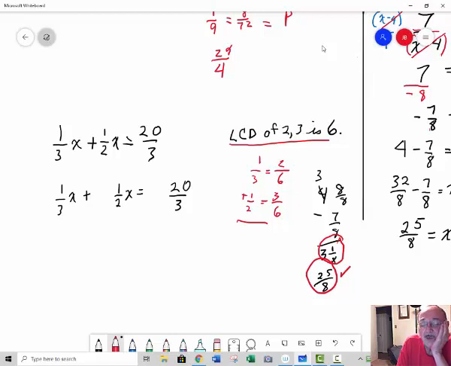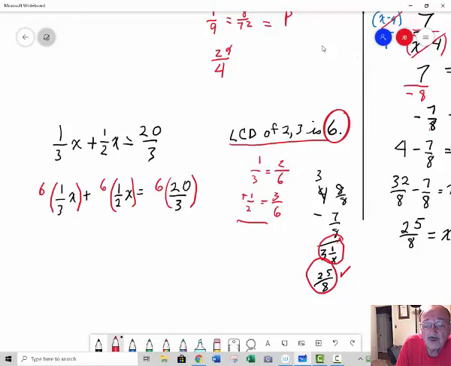The number that I'm interested in is that 6, because what I want to do now is simply multiply all 3 of these terms by 6. And let's see what happens.